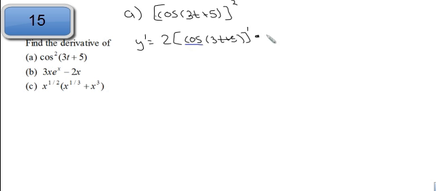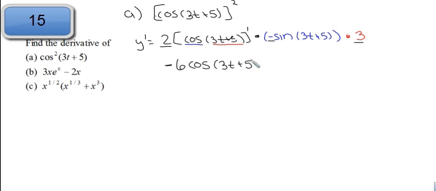So derivative of cosine is negative sine. Again, everything stays the same. Times the derivative of the inside. And the derivative of 3t plus 5 is 3. So 2 times negative 1 times 3 will give me negative 6 cosine of 3t plus 5 times sine of 3t plus 5.